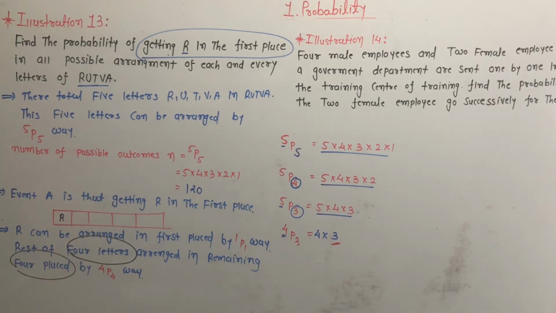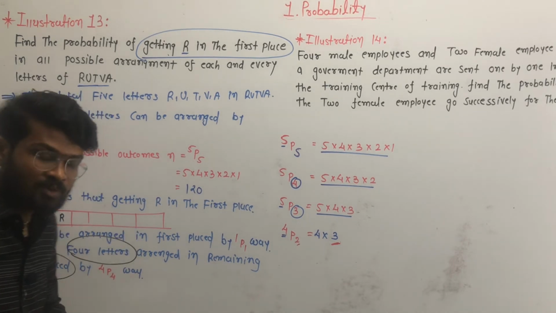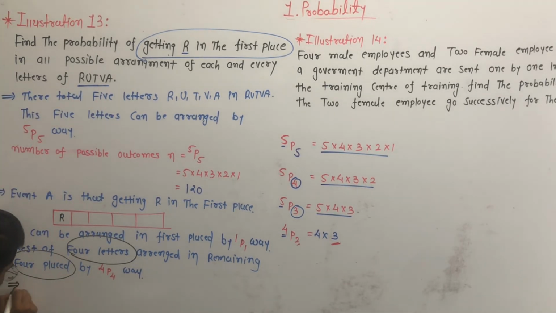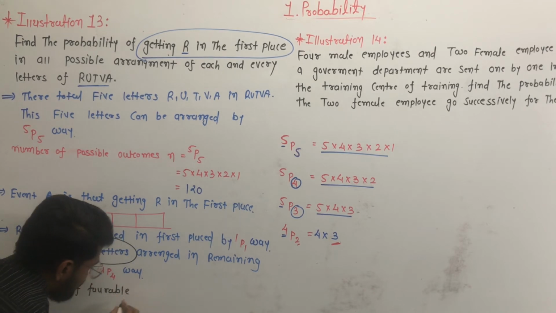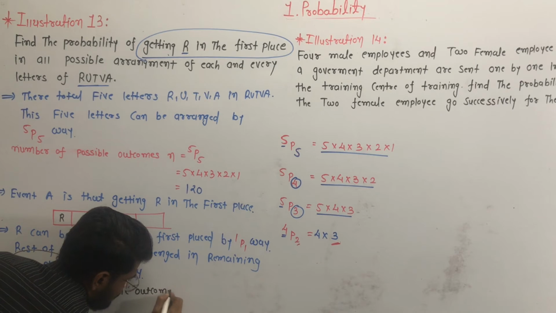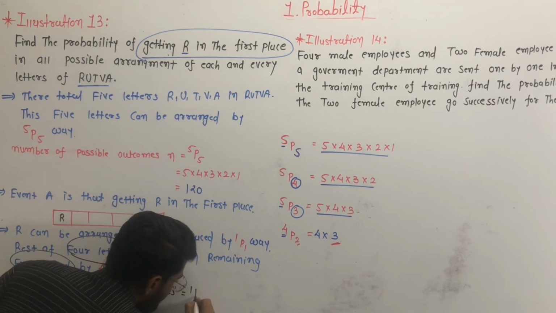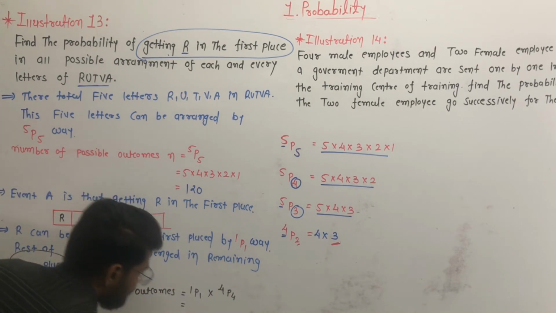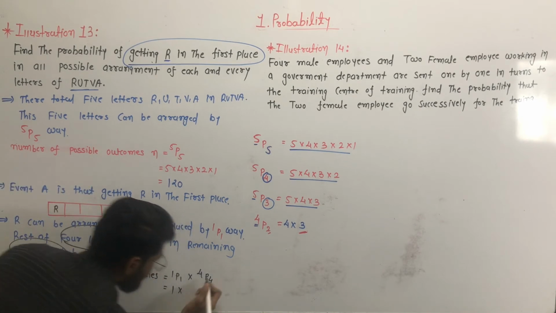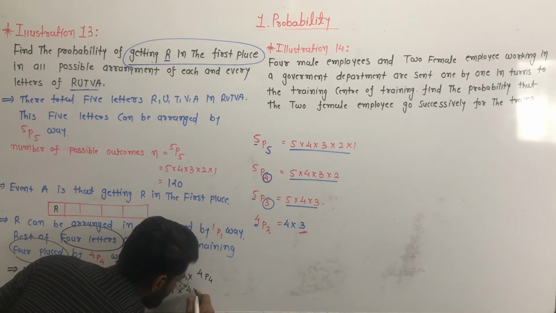Now we have to find the number of favorable outcomes. We already found the number of possible outcomes, but now we have to find the number of favorable outcomes m. The number of favorable outcomes is equal to 1p1 multiplied by 4p4. 1p1 means 1, and 4p4 means 4 multiplied by 3 multiplied by 2 multiplied by 1.